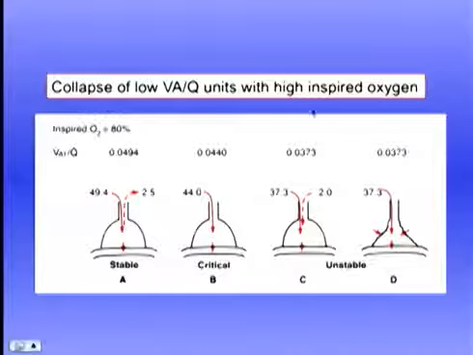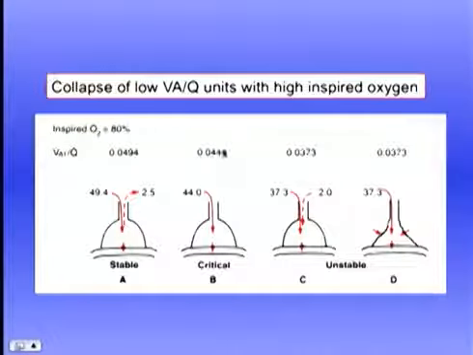And under those conditions, what happens is that although the inspired ventilation is quite substantial, most of the gas is taken away by the alveoli. Remember, this is inspiring 80% oxygen, so there's quite a high alveolar PO2, reasonably high alveolar PO2.